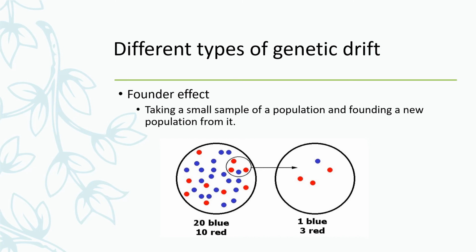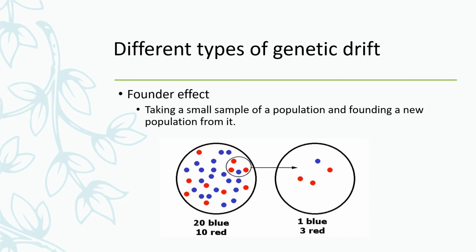One of the ones that we're going to talk about is the founder effect, which is taking a small sample of a population and founding or starting a new population from it. So in the image below, we have an original population of 20 blue individuals and 10 red. So in this species, they have the genetic variation to have blue and red individuals.